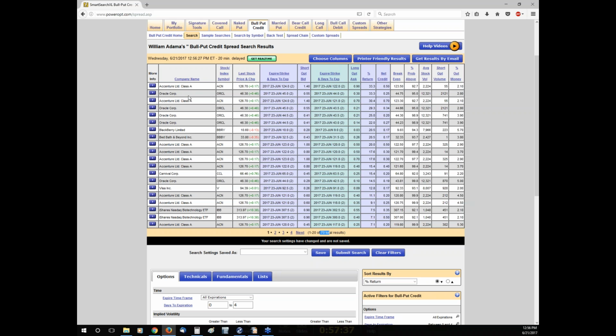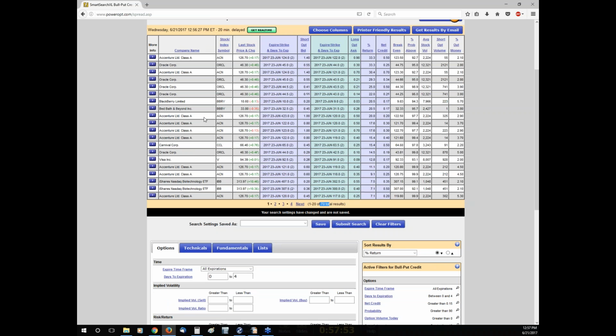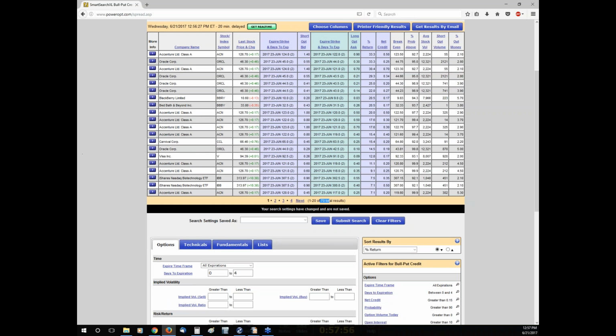Now, I see already 4 positions on this list that I know have earnings coming up between now and expiration. I know that because I'm actually trading weekly long straddles against those positions looking for a bounce one direction or the other. So there are 70 potential bull put credit spreads that expire on Friday that offer at least a 90% probability.